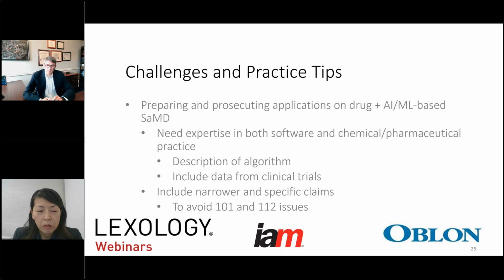And so drafting an application, of course, in any technology is challenging, but in terms of this combination product, since it has the software and the chemical aspects to it, it's even more important that you consider the special problems that are unique to the software and chemical pharma practice.